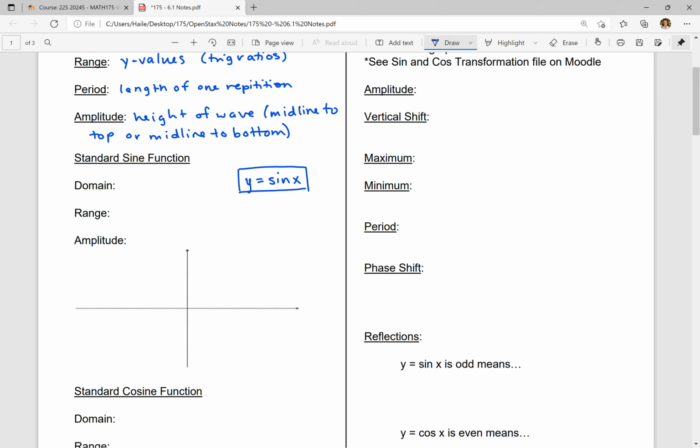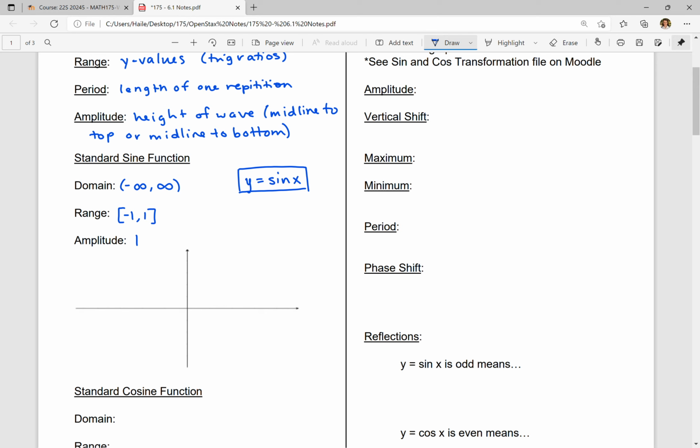The domain of the sine function is negative infinity to positive infinity, because we can plug any angle into sine of x and get out a value. But the range has to fall between -1 and 1, because remember, on the unit circle, the smallest value we can get is -1, and the biggest value we can get is 1. And the amplitude of the sine function is 1.